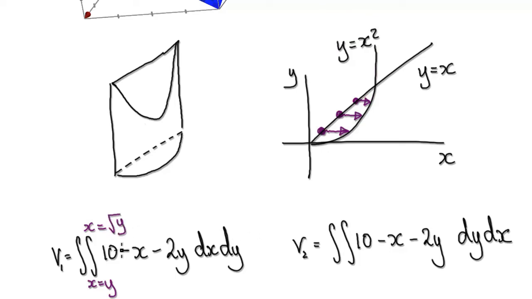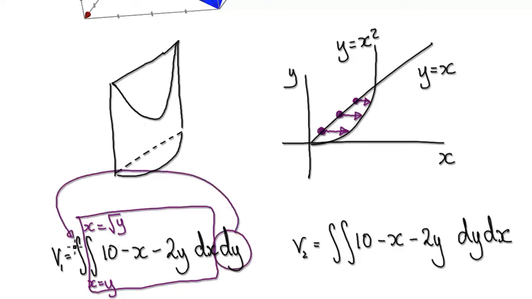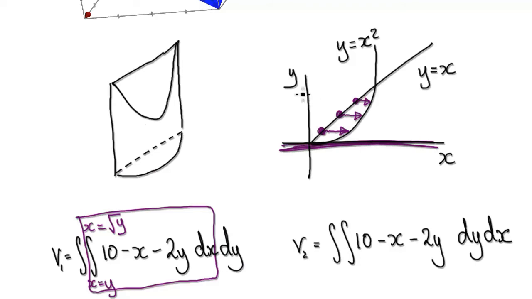And then remember, this is nested inside the outer integral here. Well, when it comes to the outer integral, it's always going to be bounded by a constant. You start at y equals 0, and then you're scanning all the way through.